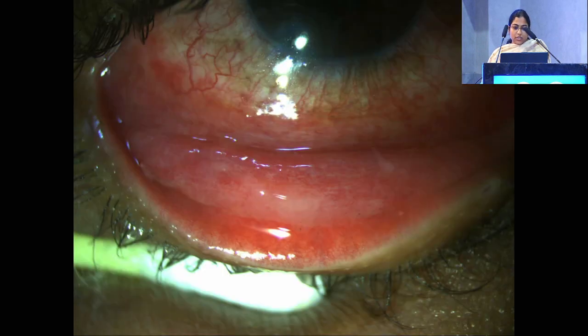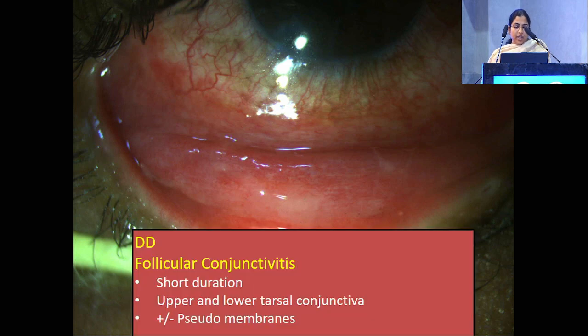So the first closest differential diagnosis would be viral conjunctivitis, as was treated elsewhere. So what are the points against viral conjunctivitis? Viral conjunctivitis is generally not of 3 months duration. It's generally of short duration, and there will be congestion and follicles in both upper as well as lower tarsal conjunctiva with or without pseudomembranes.